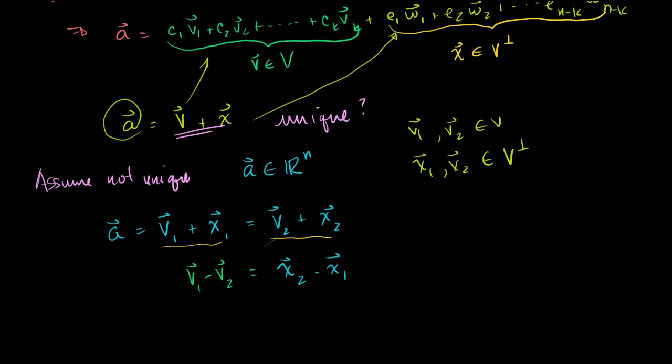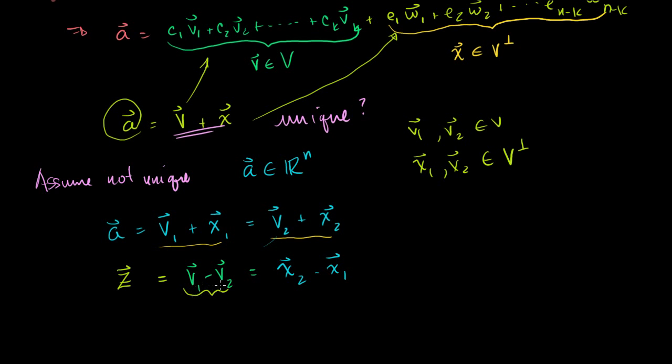Now, these are both members of the subspace V. And any subspace is closed under addition and subtraction, which is really just almost a special case of addition. Let me call some vector Z, being equal to both of these, which are equal to each other. Z is the vector v1 minus v2.